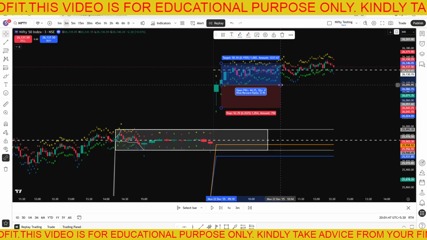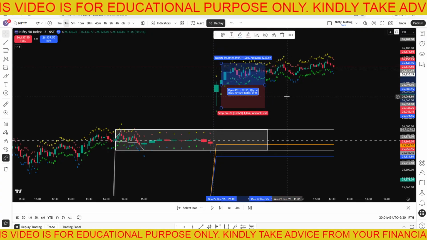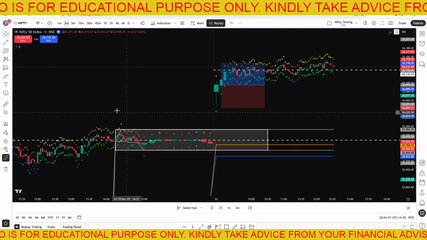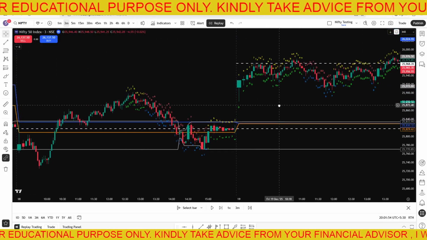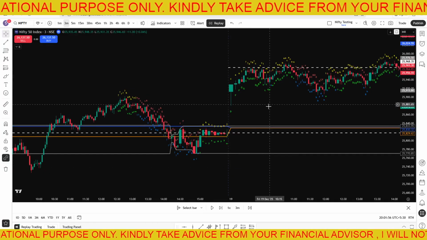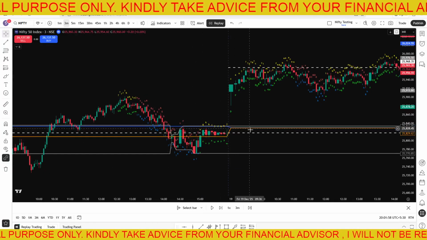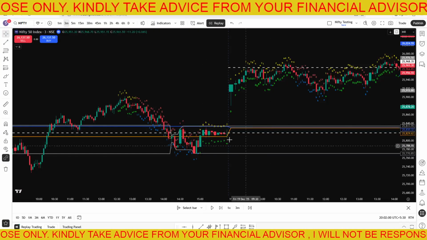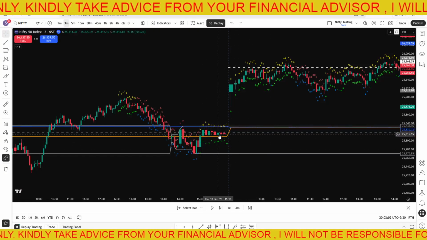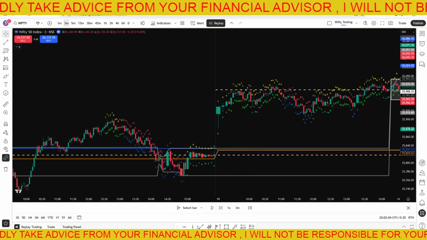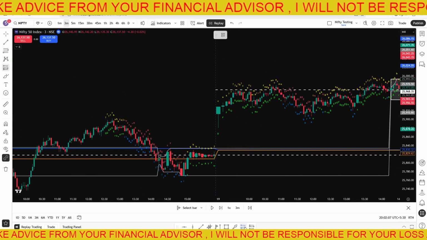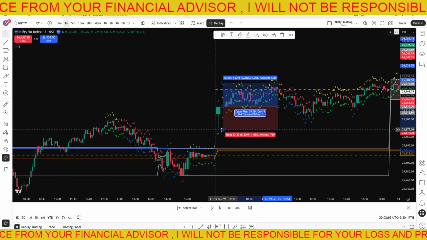Yeah, we got 40, 45, 50 points, right? In this one, price is above smart money positions, smart money zone, pivots, POC. So this was the trade.